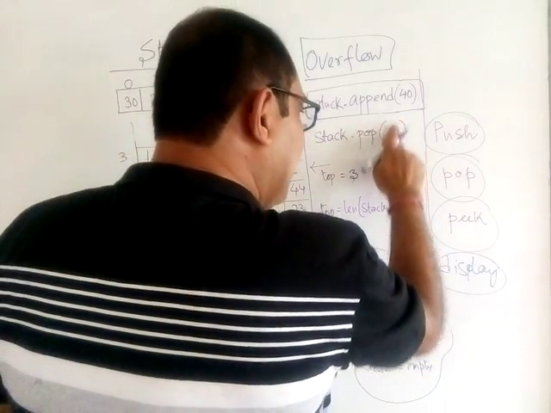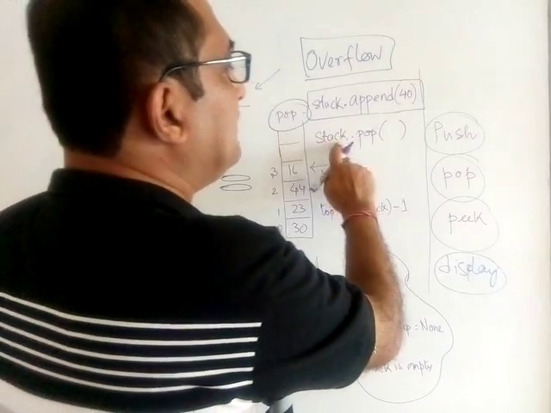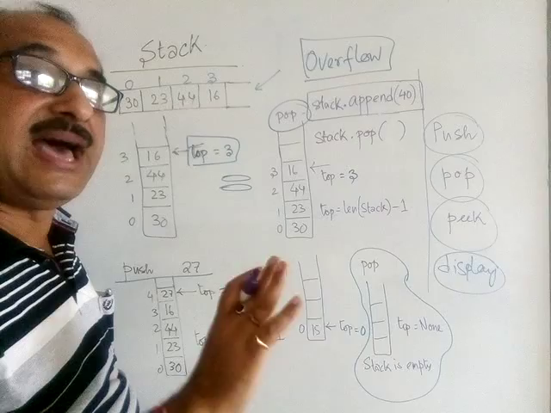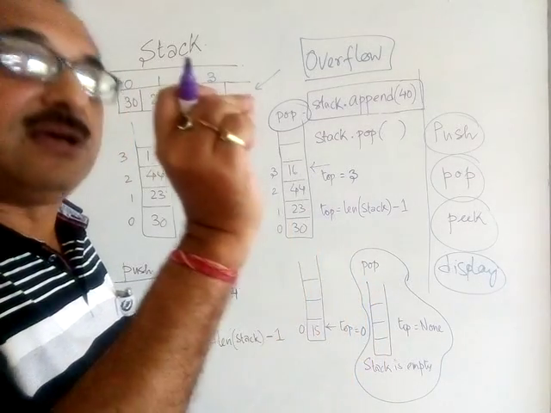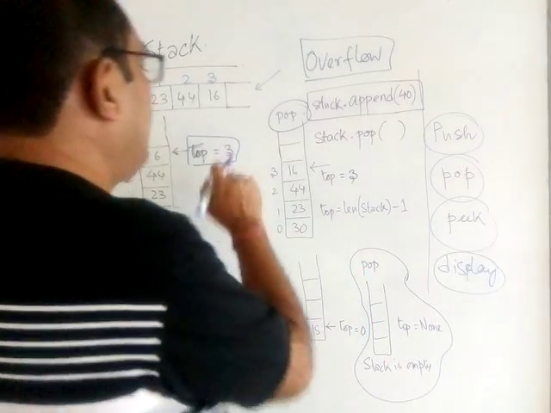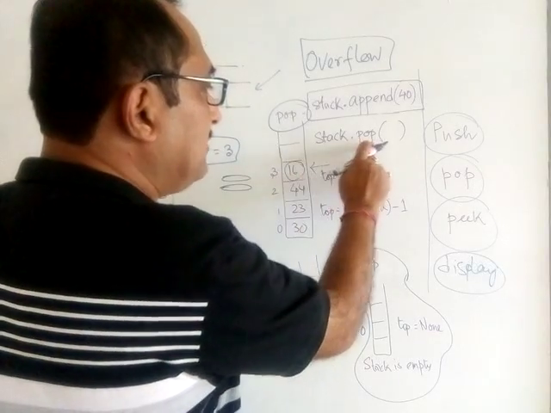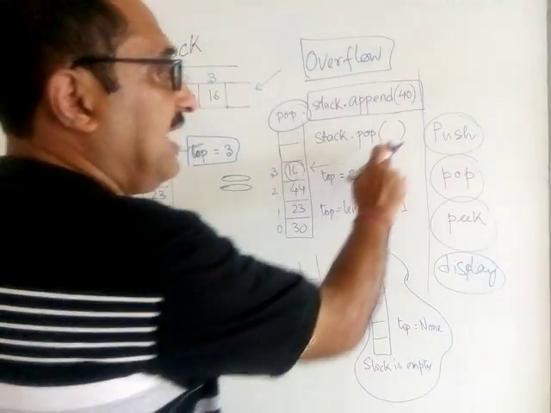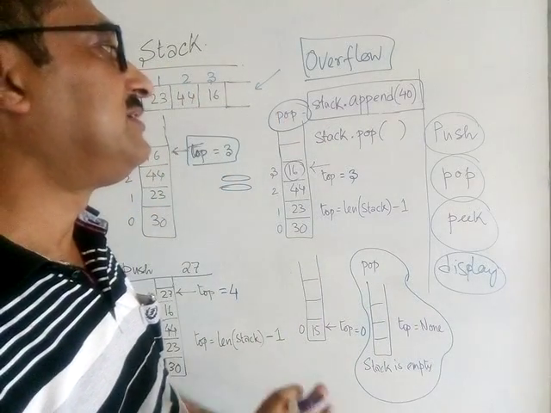But if I keep it blank, then it removes the item which is at the end of the list. The last index position, whatever is there, that item gets deleted. So if we have say 16 at any given time, and if I do stack.pop(), it will remove 16. I have to keep it blank. I cannot give any argument here. Then it removes the last.